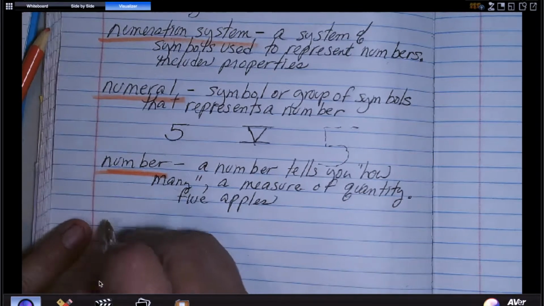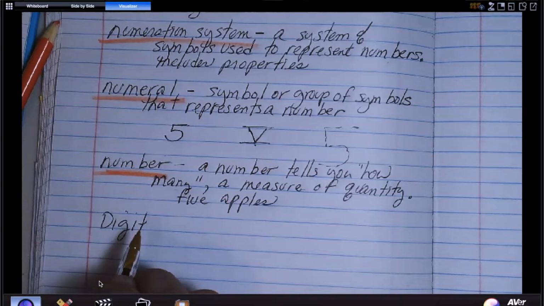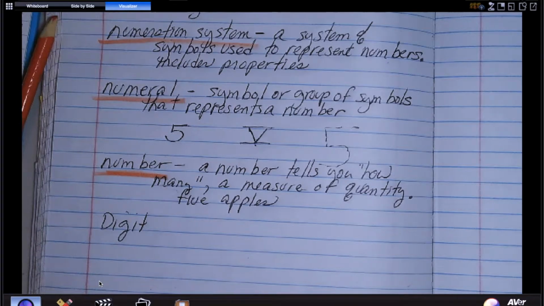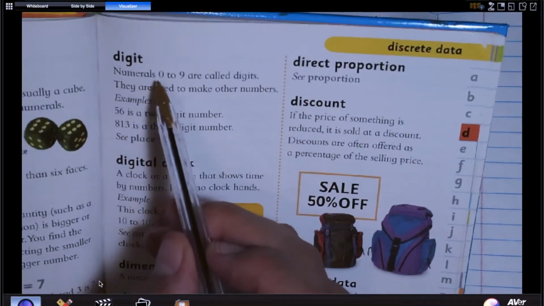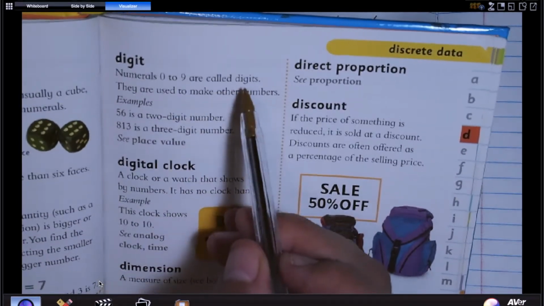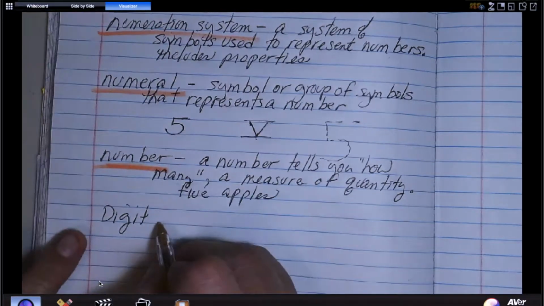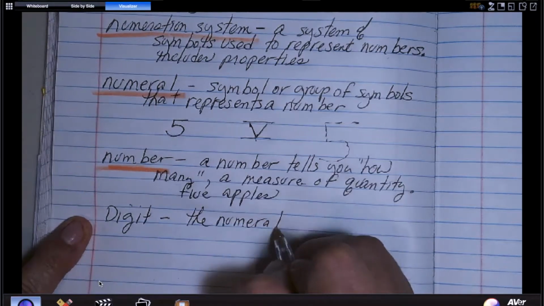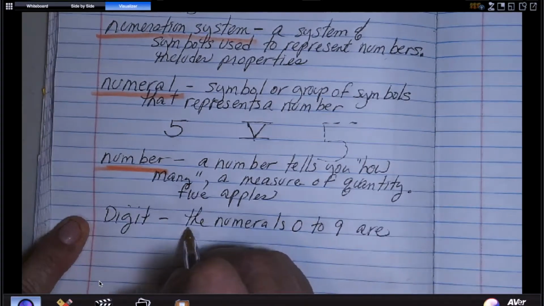Okay, then what about a digit? What's the difference there? So our numeration system has 10 digits. Now notice how weird they say here, the numerals 0 to 9 are called digits, and they are used to make other numbers. Okay, so the numerals 0 to 9 are called digits.